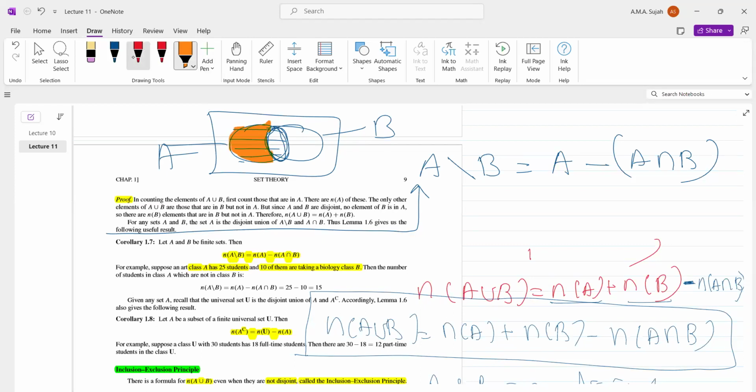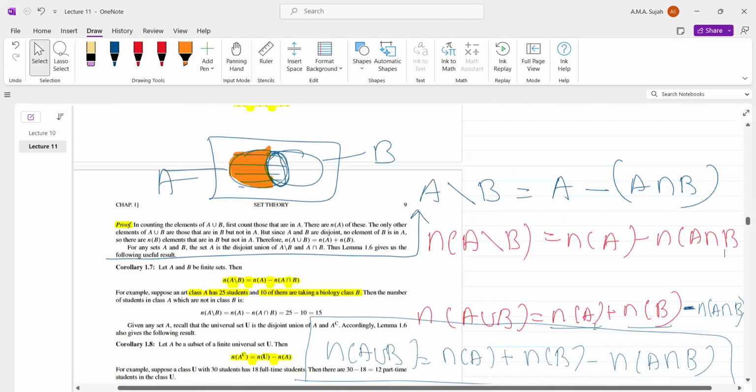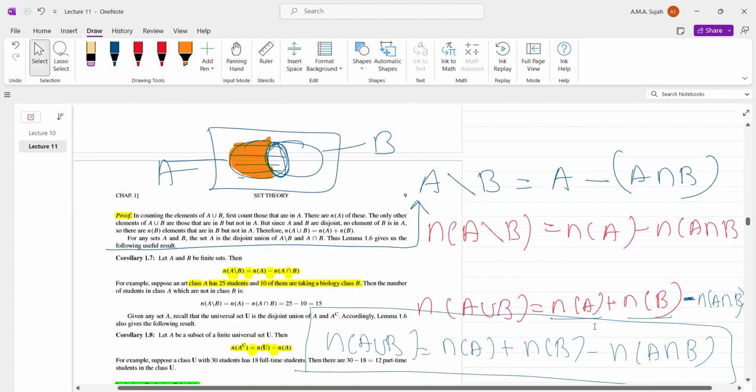So if you need to find the number of elements in A difference B, A minus B, we can say number of elements in A minus number of elements in A intersection B, right?